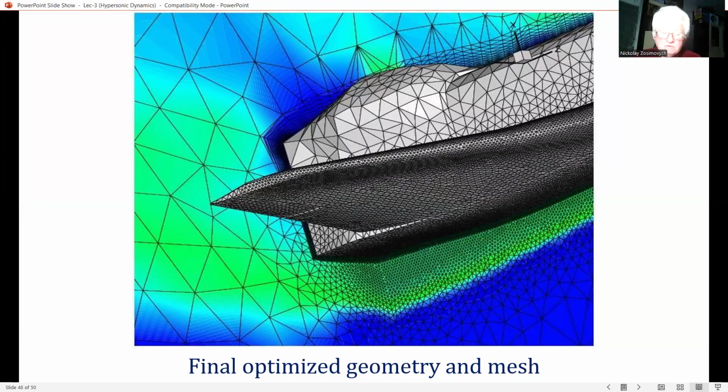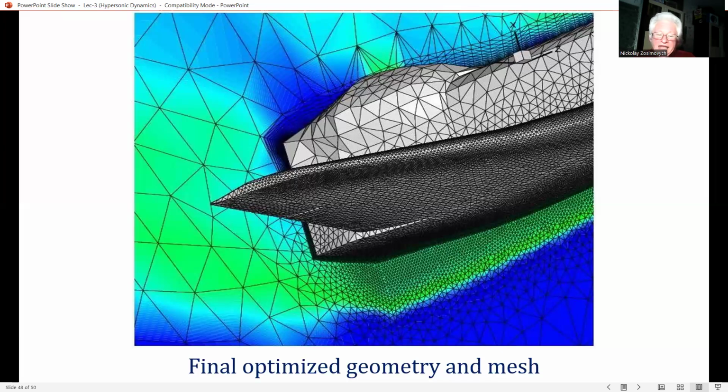The objective of the optimization is to maximize the lift-to-drag ratio while holding the volume of the vehicle constant and constraining the pitching moment to 0. The optimized shape in this figure has a lift-to-drag ratio of 2.78, almost twice that of the baseline vehicle.